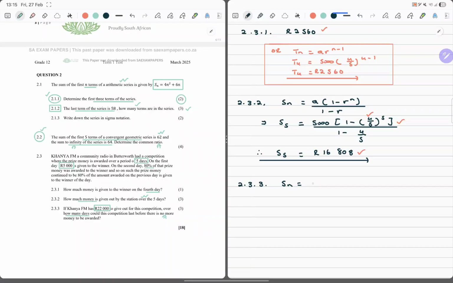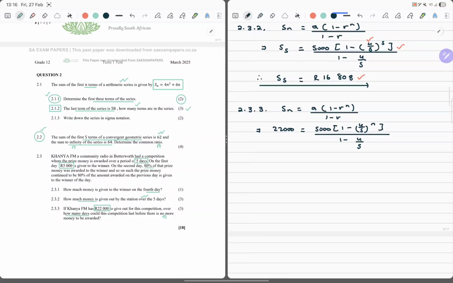So we know that Sn is a into 1 minus r to the n, all over 1 minus r. Please write the formulas so that we know what you're doing. Remember the instruction. Whatever you used to determine the answers, we must see it. So this is 22,000 equal to 5,000 into 1 minus 4 over 5 to the exponent n, that's what we want, all divided by 1 minus 4 over 5.